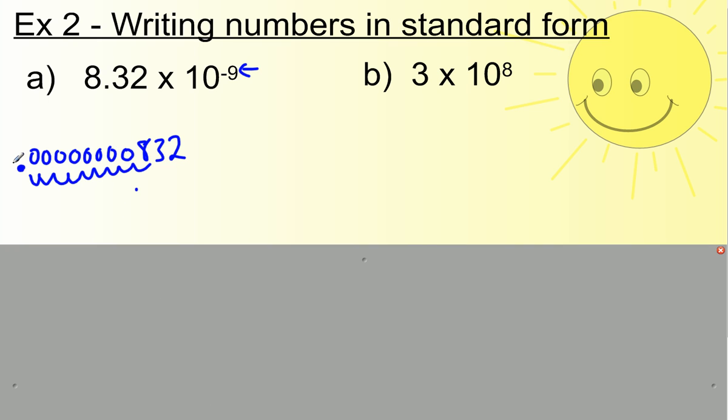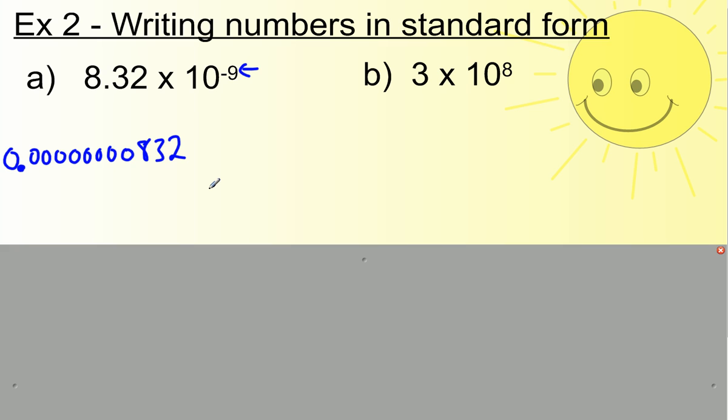And if you're the kind of person who likes to put a 0 in front, you can do that. So it's 0.00000000832. I personally like to pretty this up. That would be my number in standard form. It's very, very small, but that's what it is.